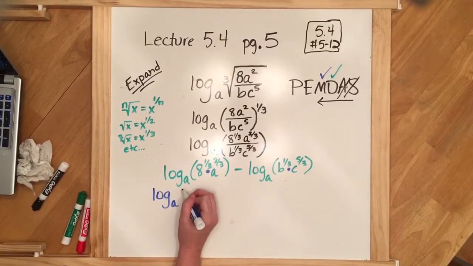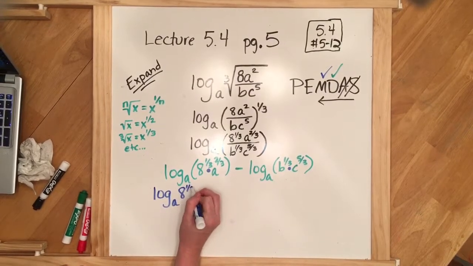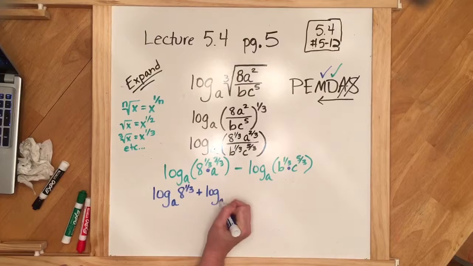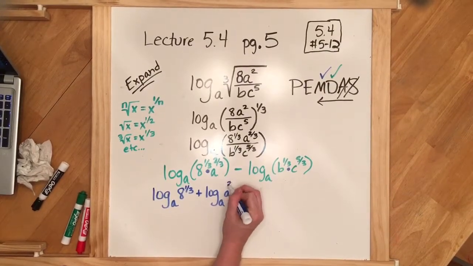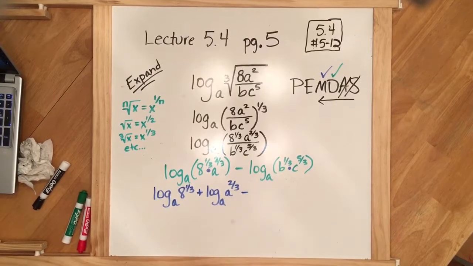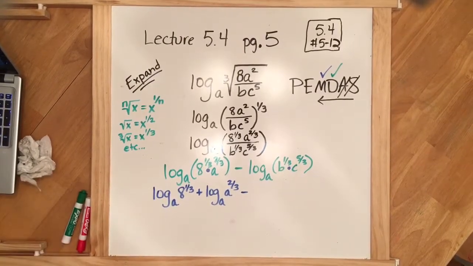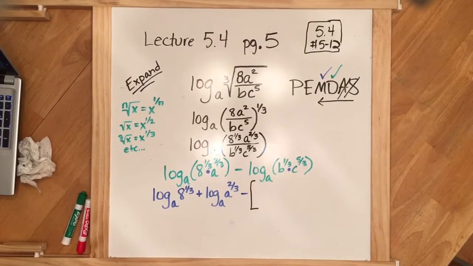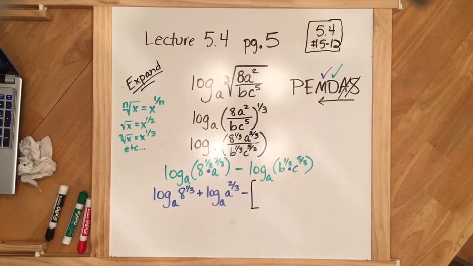So log base a of 8 to the 1/3 plus log base a of a to the 2/3 minus, and here I'm actually going to insert a bracket because when we subtract we have to be careful about all the terms after that.